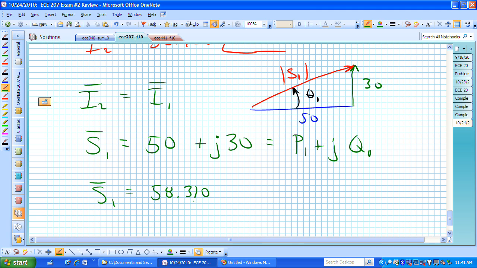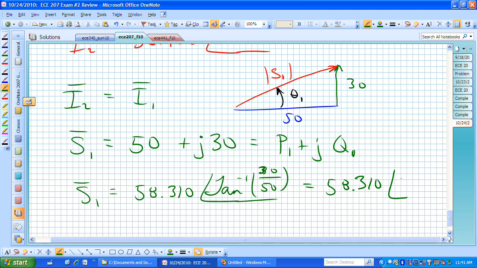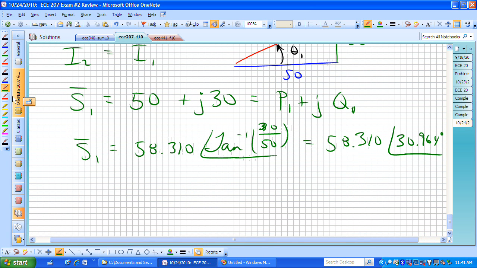It's now 58.31 at an angle that is the inverse tangent of the opposite side over the adjacent side, or the inverse tangent of 3/5, which gives us 58.31 at an angle of 31 degrees roughly. Let's just say 30.964 degrees for S1.